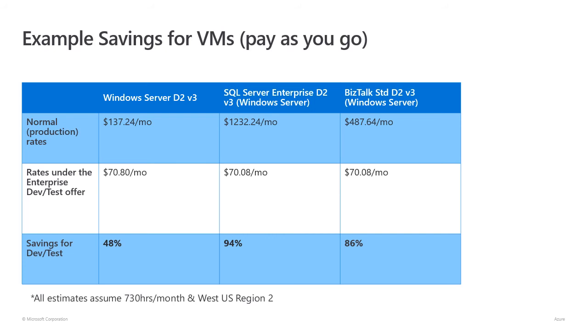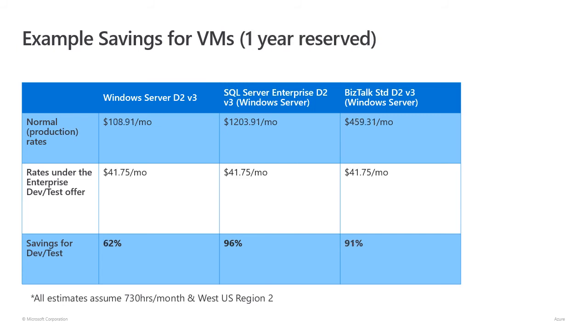For similarly sized SQL Server Enterprise D2 v3 machines, instead of paying 1,200, you're paying $70 a month. Again, this is something that you can easily provision in the Azure portal by just saying that, yes, this is going to be for dev test. Your discounts will be, yes, you can see here.